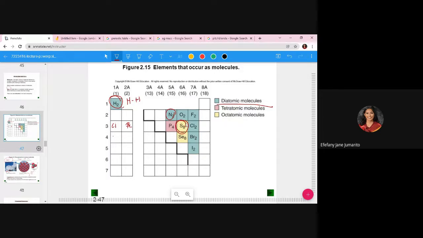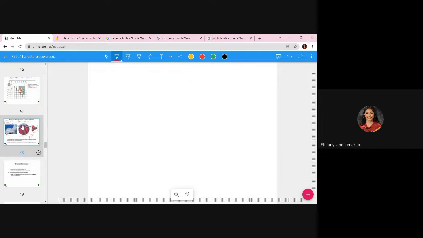Your sulfur is still a molecule because this one, S8, is an octatomic molecule, and your phosphorus is tetratomic. Silicon and selenium are octatomic. And then there are 7 diatomic molecules. 1, 2, 3, 4, 5, 6, 7. Diatomic meaning two.